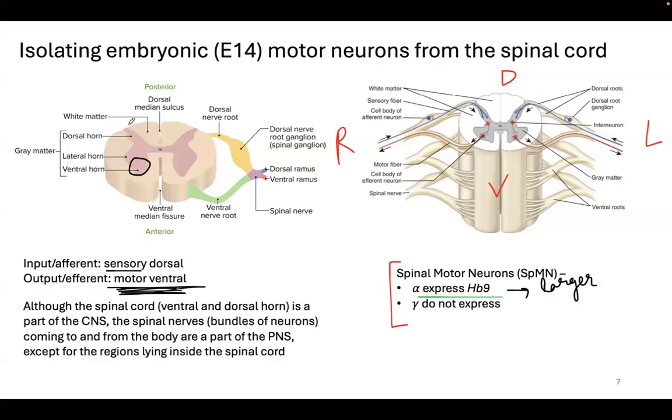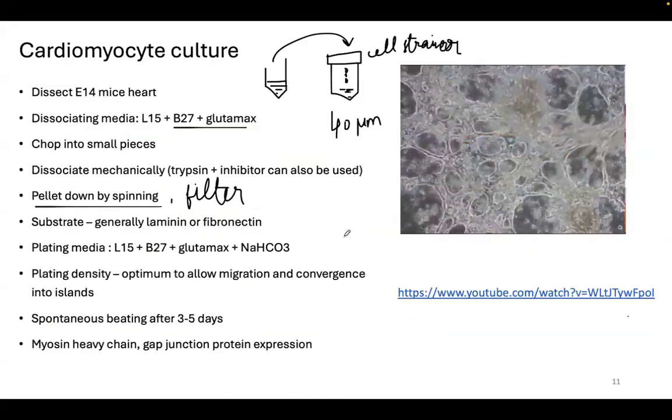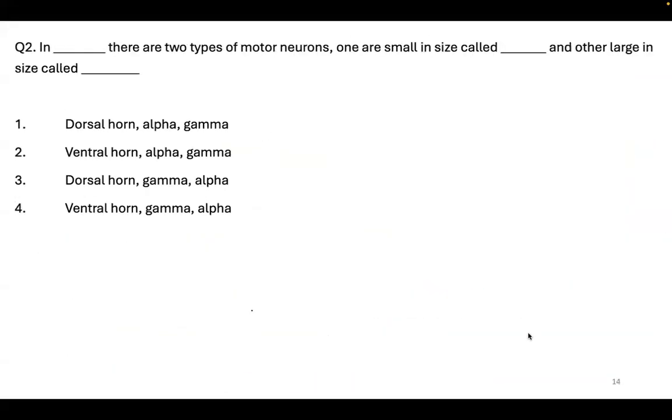So everything that's inside, the part of these sensory neurons and motor neurons that is inside these horns will be called a part of the spinal cord, and the part that is outside is called a part of your PNS. But yeah, so again, coming back to this question now. So what are your motor neurons? Would you like to stay with the same answer, or would you want to change it now?